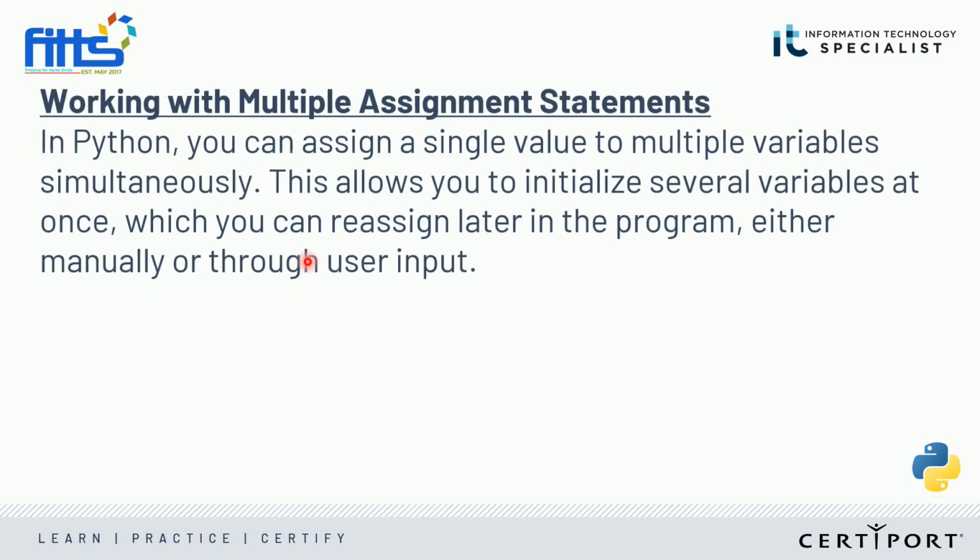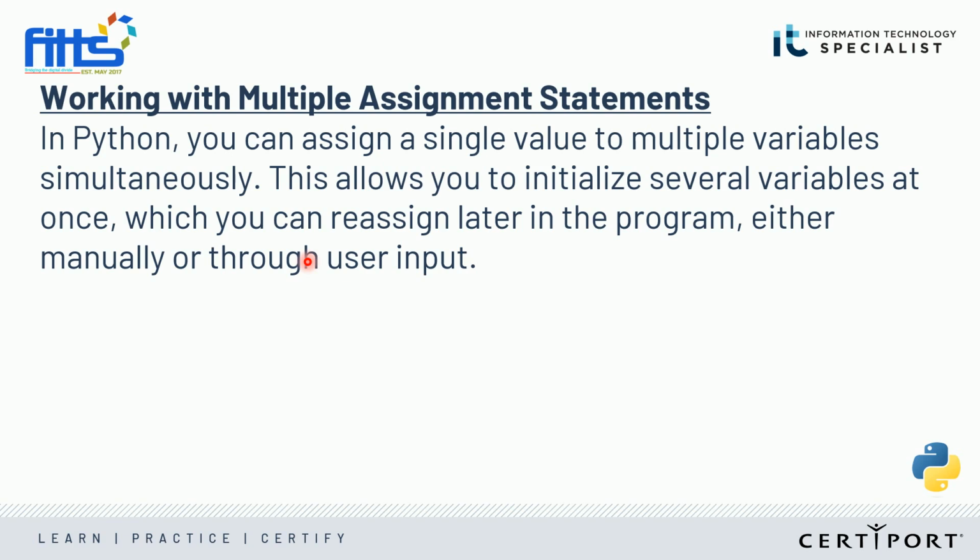It's as simple as that. In Python, you can also assign a single value to multiple variables simultaneously. This allows you to initialize several variables at once, which you can reassign later in the program, either manually or through user input. So our gate, door, kitchen have all been assigned the value 3.